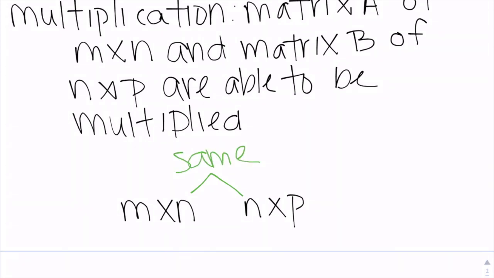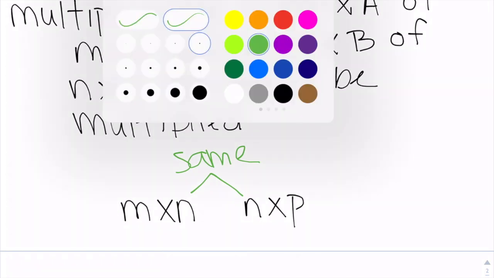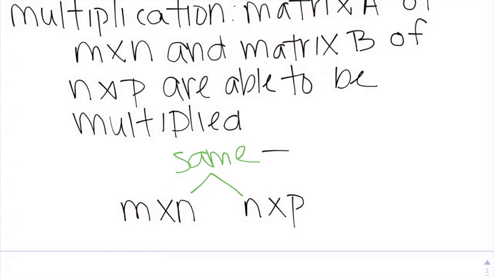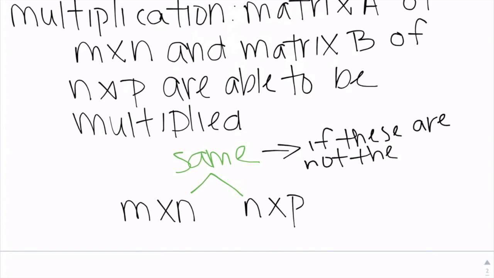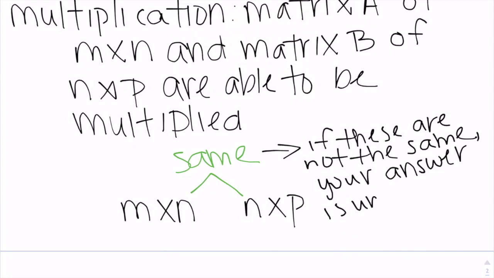And so the columns of matrix A are the same amount as the rows of matrix B. And so make a note for yourself, if these are not the same, your answer is undefined.